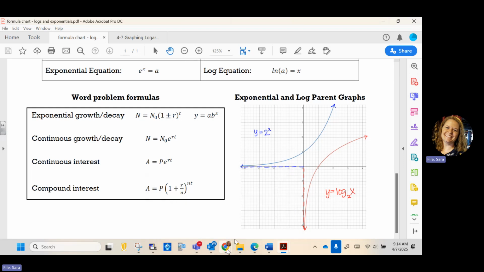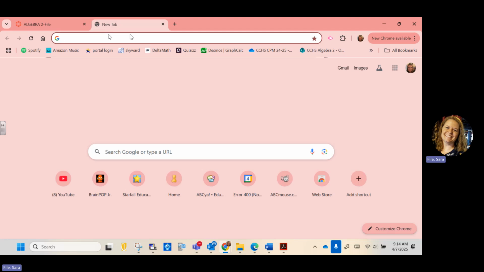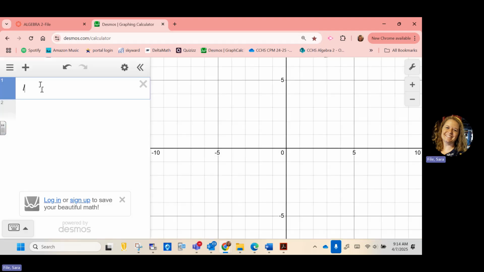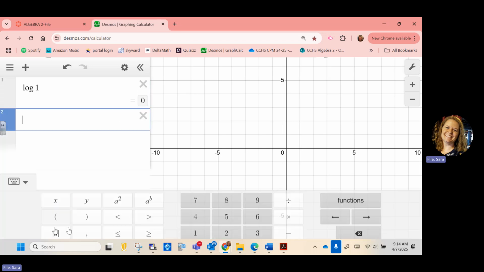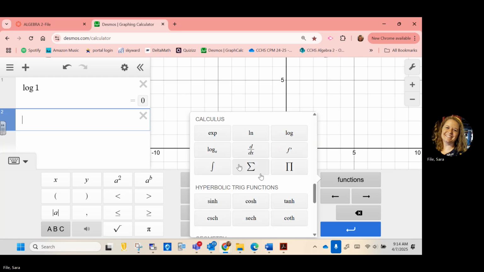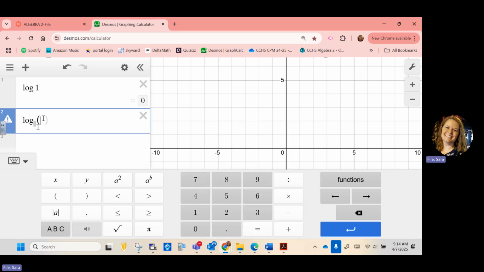I can show that to you in Desmos to help you see. So I can do log of 1, and it's going to be 0. Now, even if I changed this to a log with a base, okay, if it was a base 2, that's still 0.